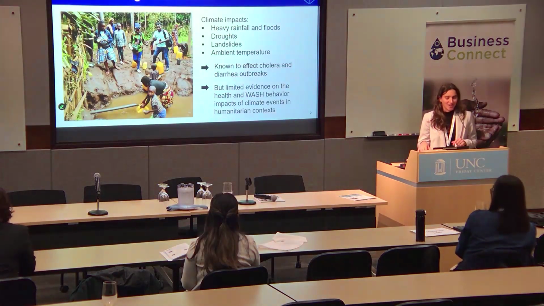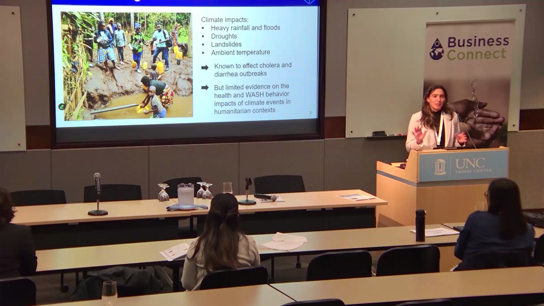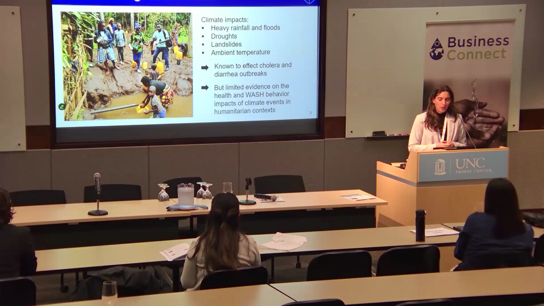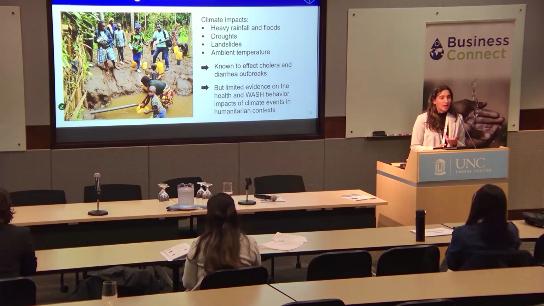So a few different things going on here, but I think it's not really a surprise to anyone in this room that climate change and severe weather events impact cholera and other diseases. That's pretty well documented at this point. We know that disruptions in weather patterns, things like droughts, heavy rainfall, floods, landslides, and ambient temperature changes, all affect water in different ways, as well as sanitation systems, which can increase the risk of cholera outbreaks.